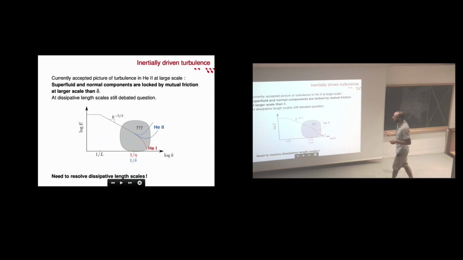So, about the motivations, in the current state of our knowledge in inertially driven turbulence, I insist, what we know is that injecting mechanical energy in helium-2, in superfluid, works pretty much the same as in helium-1.